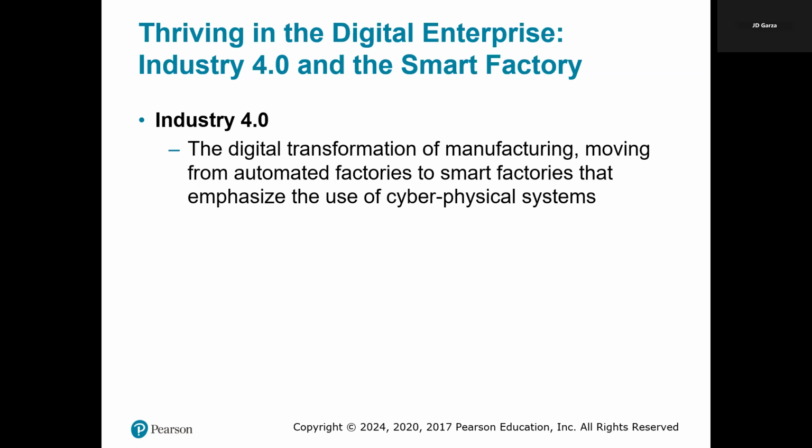These are integrations of software, sensors, and mechanical systems that interact in real time, allowing machines to communicate with each other and make autonomous decisions. This setup creates a network of machines capable of analyzing and responding to changes instantly.